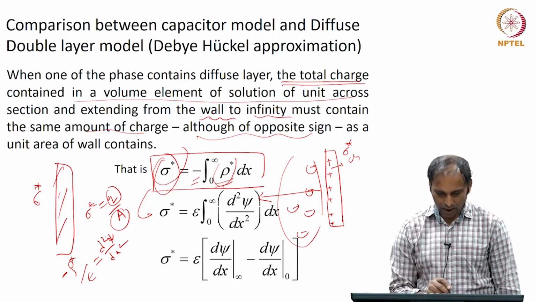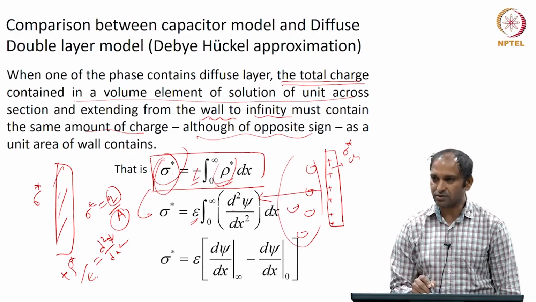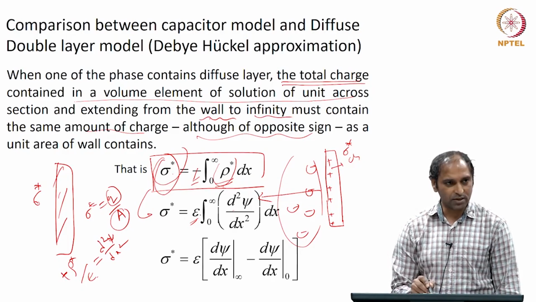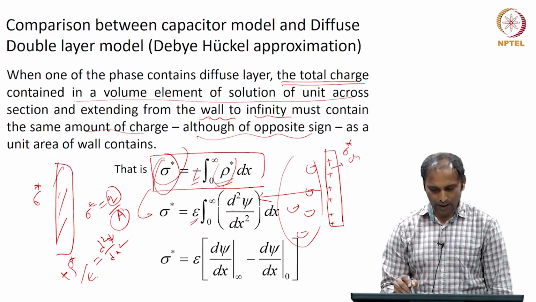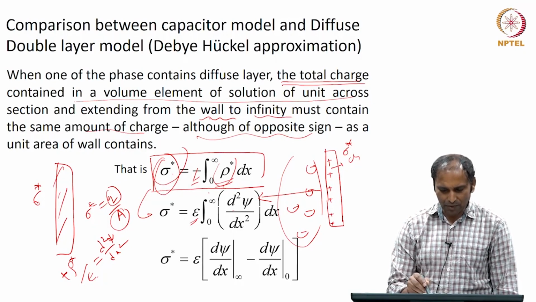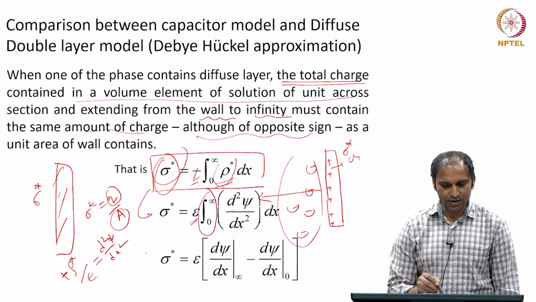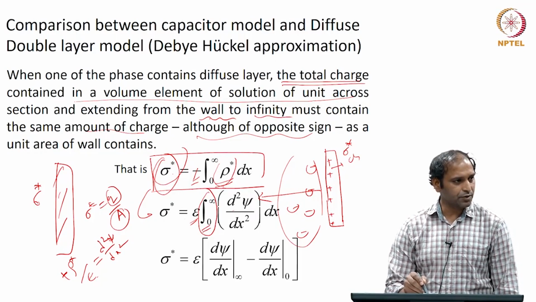Instead of rho star, I am going to have d psi by dx, and I am going to have epsilon that comes here, and there is a minus here, it becomes plus, right. So, therefore, sigma star is epsilon integral from 0 to infinity of d square psi by dx square into dx. And I would have to sum up all the charges all the way from distance equal to 0 to infinity.